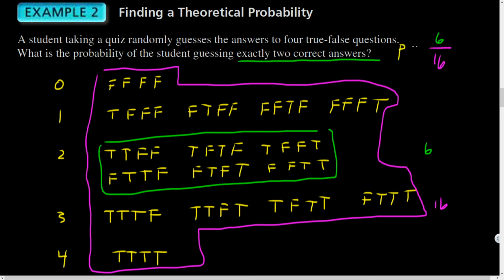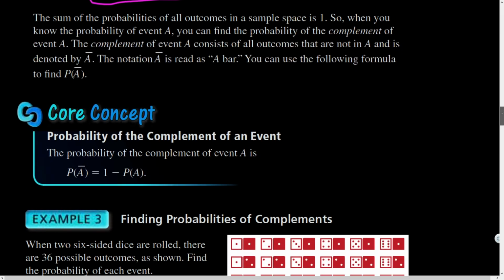So the probability, 6 over 16 equals 3/8, which is the same as 37.5%. So getting a 50% is a 37.5% chance for this student.